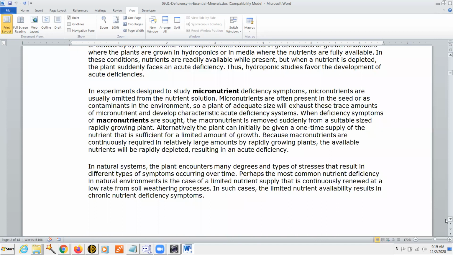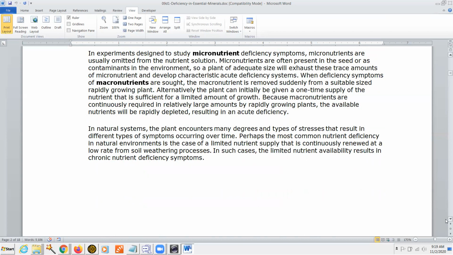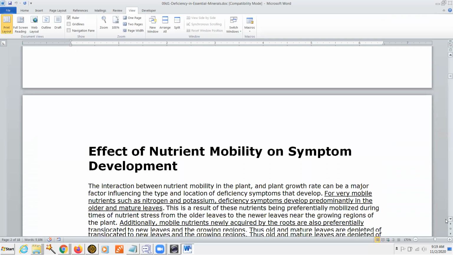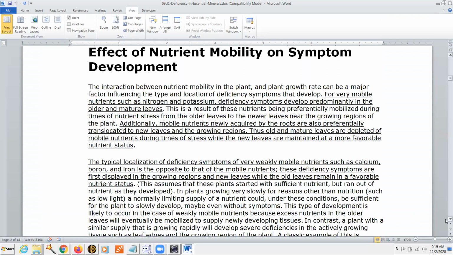Now you talk about micronutrients and macronutrients, micronutrients being those needed by the plants in small or trace amounts, macronutrients needed by the plants in large quantities. This talks about mobility.